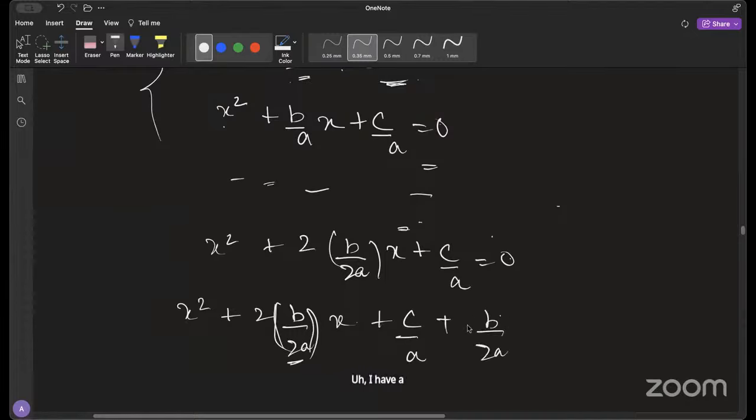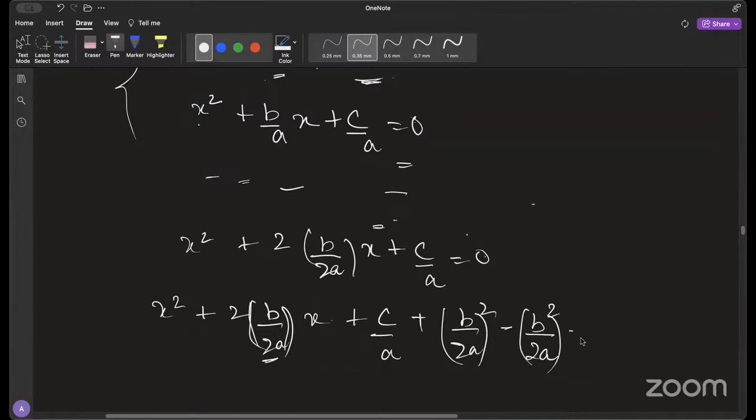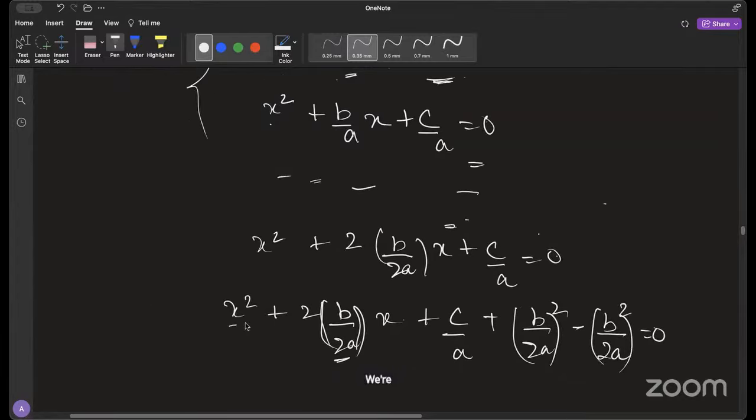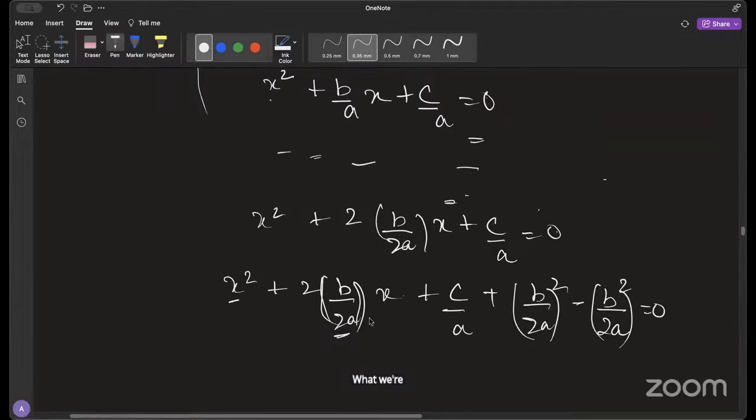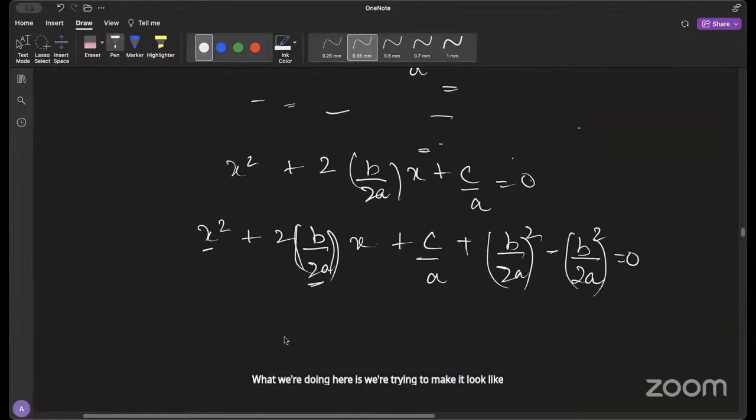I have a doubt. Why are we dividing the b and c by a? We're dividing it so that the coefficient of x is 1. What we're doing here is we're trying to make it look like this. You don't actually have to do this. We're trying to make it look like this, so the coefficient of x is 1.